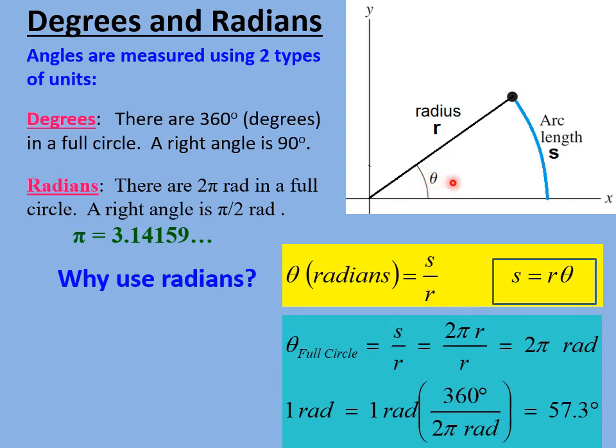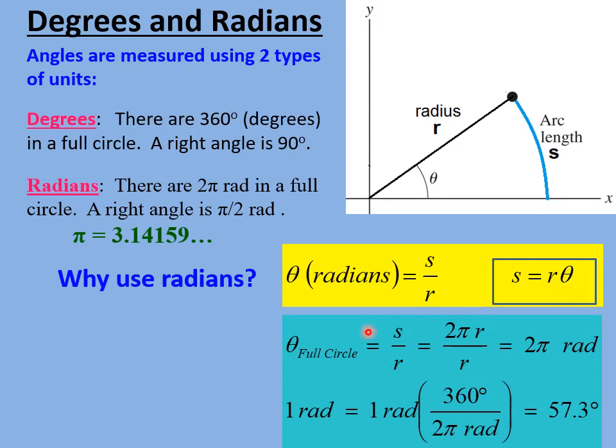So we can always easily calculate this angle theta in radians if we know what this arc length is and what the radius is. This relationship, theta equals S over R, is usually written without a fraction as S equals R theta. So arc length is just equal to the radius times the angle measured in radians.